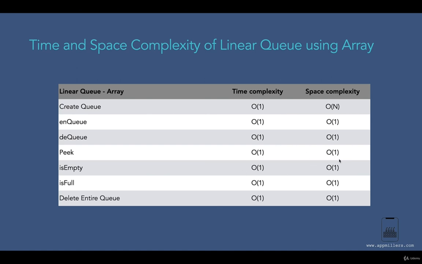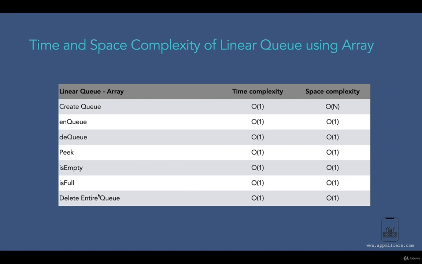The space complexity similarly is O(1) because we are just checking the beginning of queue and returning true or false, which is not a space consuming operation. Same rules are applicable for isFull method because we are identifying it based on the top of the queue. So this will take O(1) time complexity and the space complexity is also O(1).